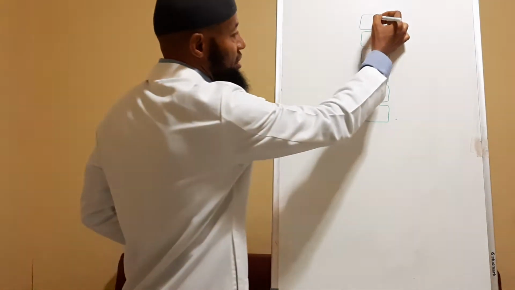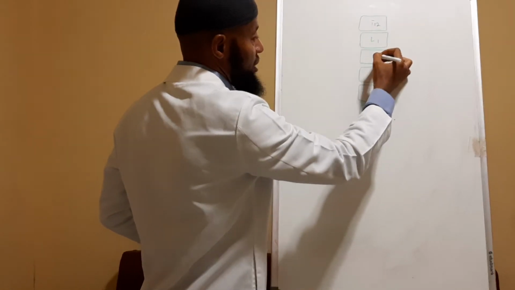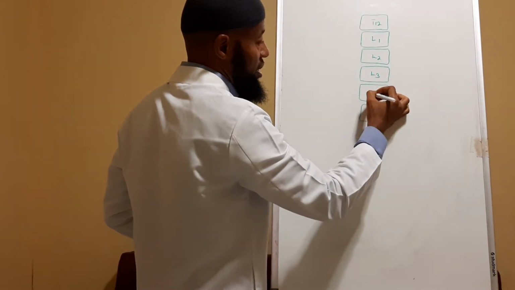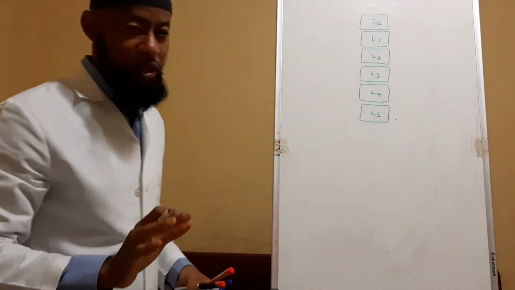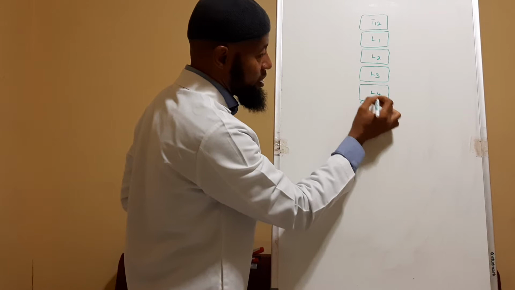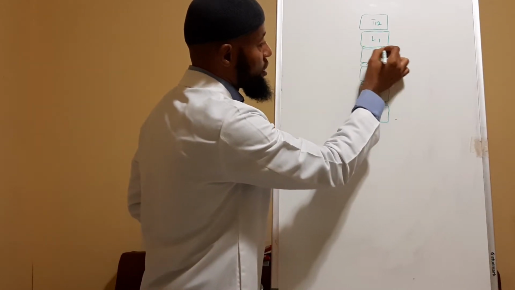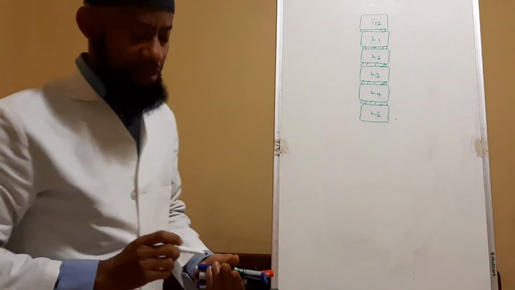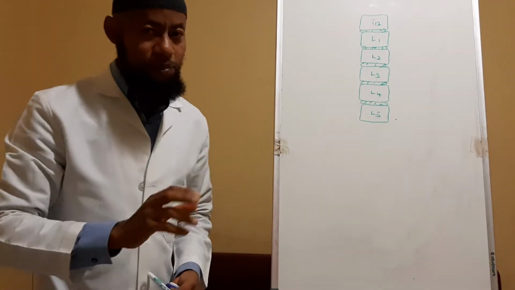Let's label this as T12, L1, L2, L3, L4, and L5. I hope you understand this. Between them we have your discs, so make no mistake about that. Good. Now we understand that. This is very clear.